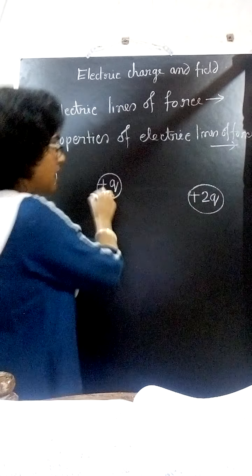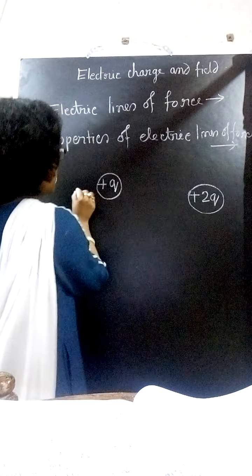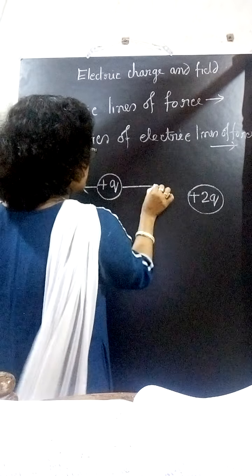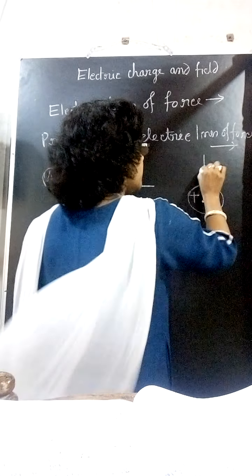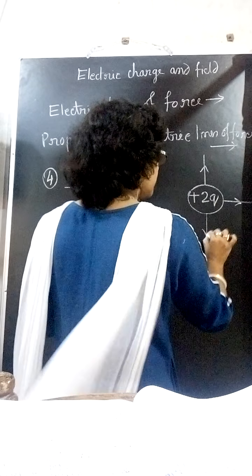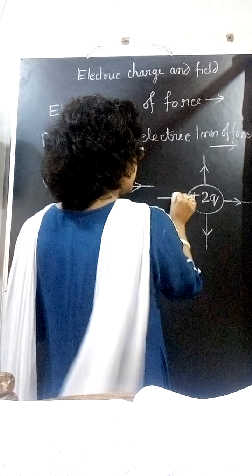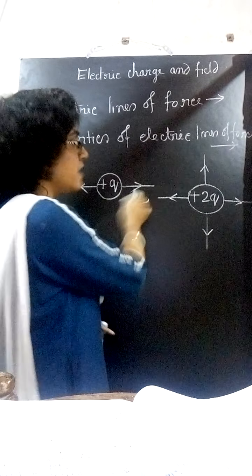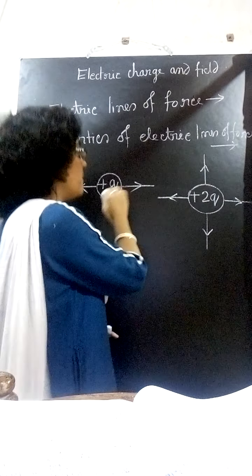Now from the plus Q charge, if two lines of force are coming out, then from plus 2Q charge, four lines of force will be created. That is, the number of lines of force is directly proportional to the magnitude of the charge.